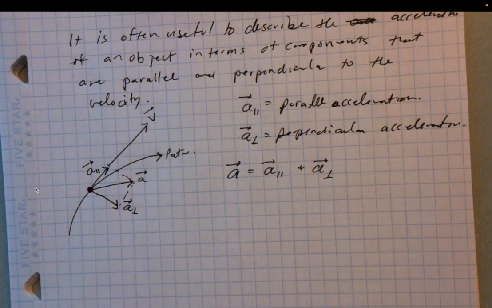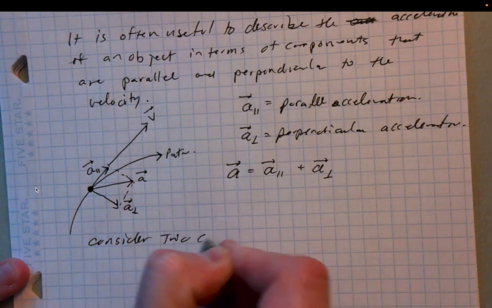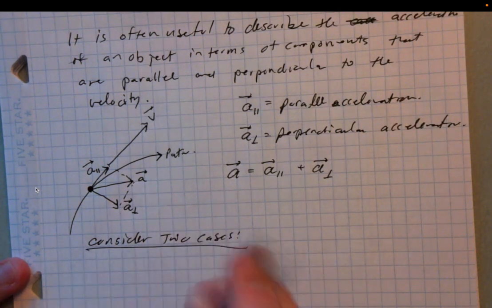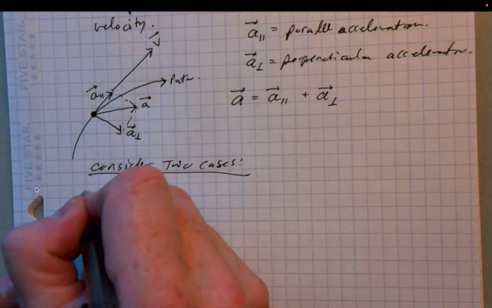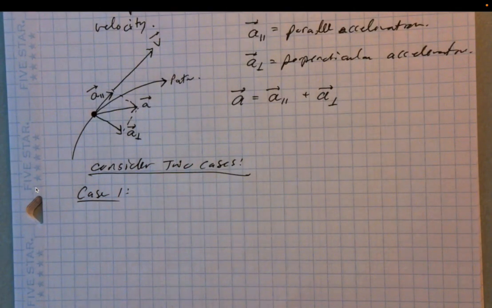And so let's take a look at two specific cases, basically those two extreme cases, and see what it looks like. So let's consider two cases. Okay, case one: we're going to say the acceleration is, in this case, all parallel to v.